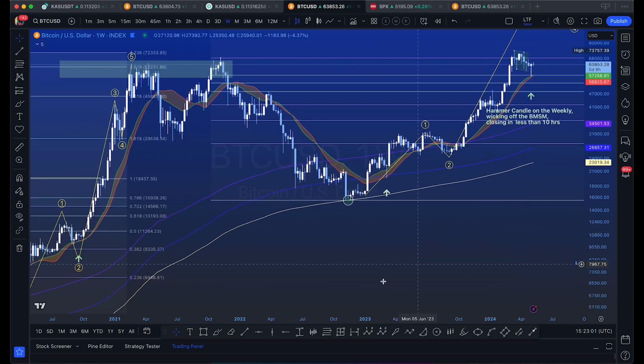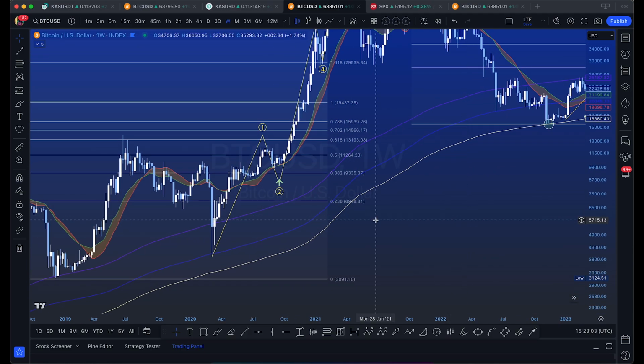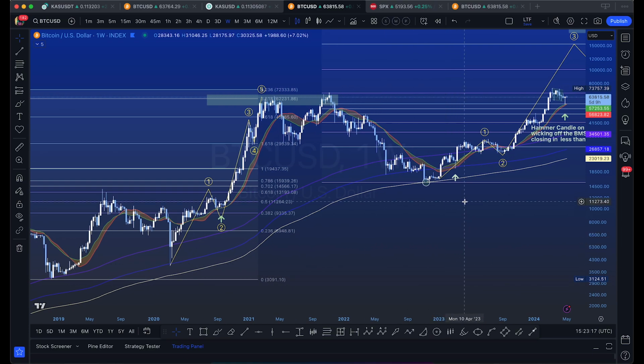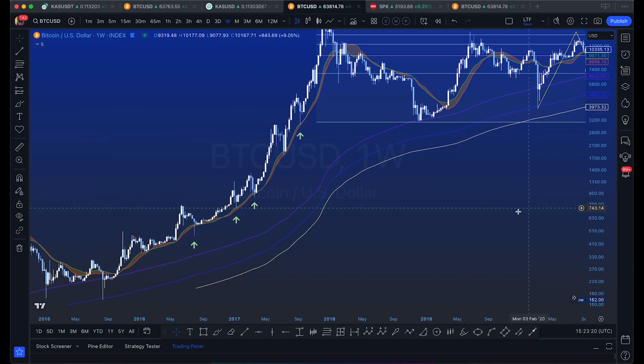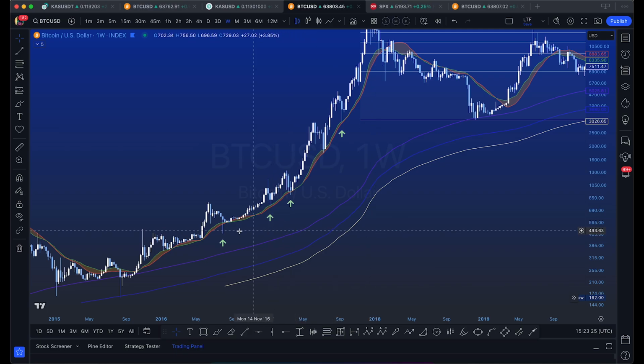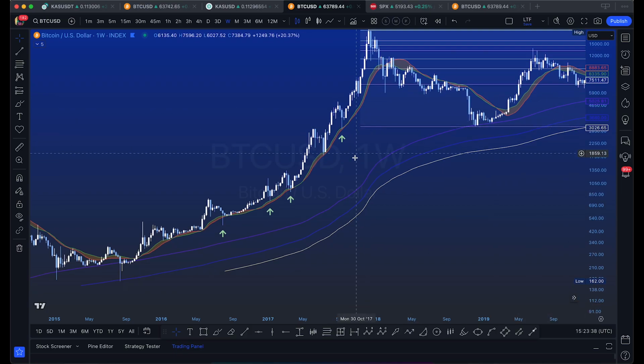And anytime that happens, where there's a bullish, or not even bullish, but just a hammer candle off of the 20 and 21 week SMA and EMA, that generally leads to continued momentum. You can see it right here. It happened right here. And if you go back to the rally in 2016 and 2017, you can see it wick here and up, big wick here and up, and it just pretty much tests that and moves higher.